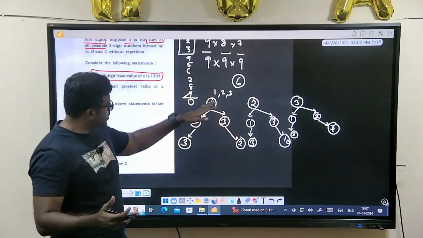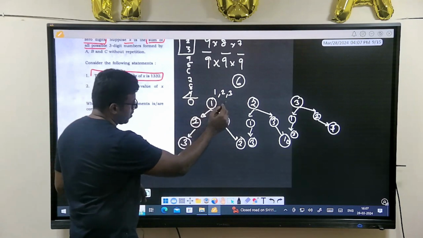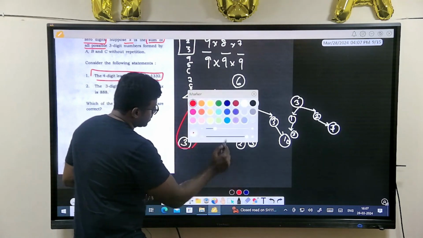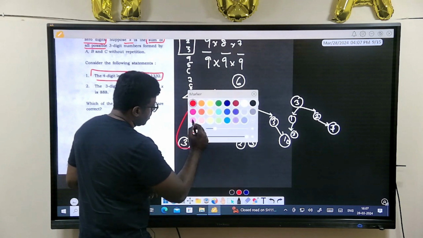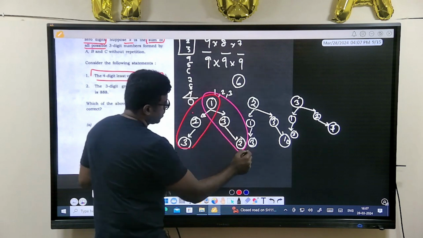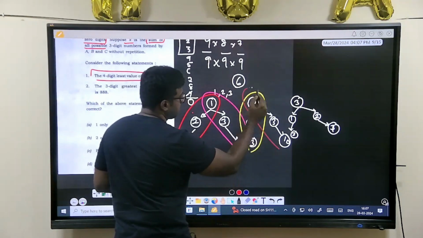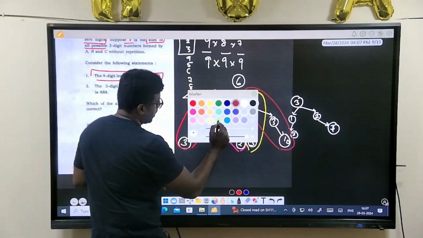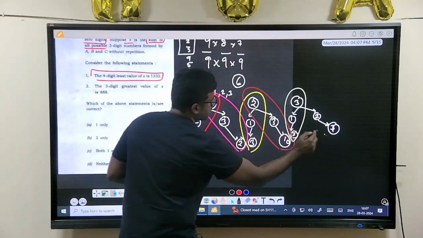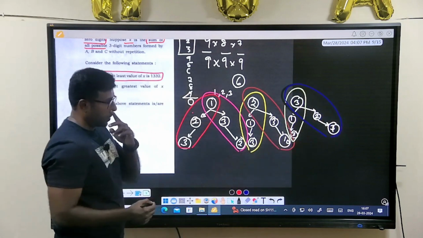You can make a chart where you have one number, and this is the second number, this is the third number, this is the fourth number, the fifth number, and this is the sixth number.